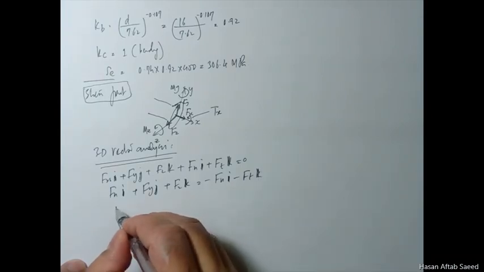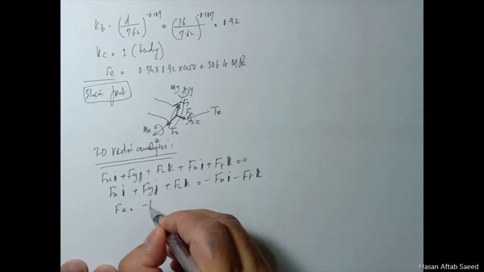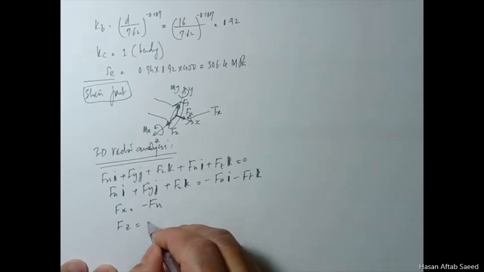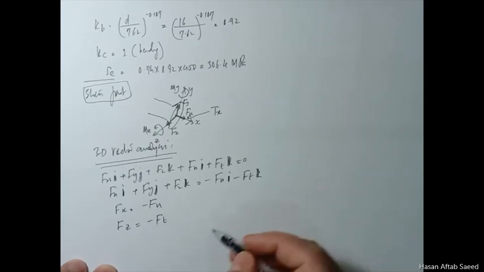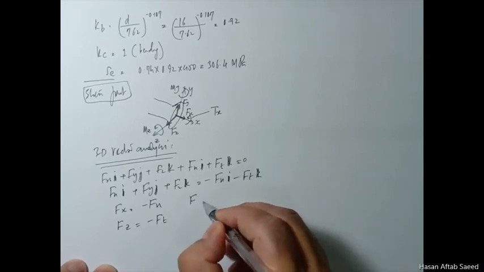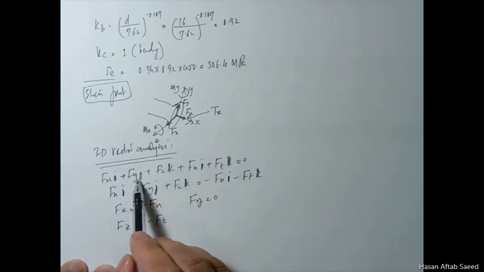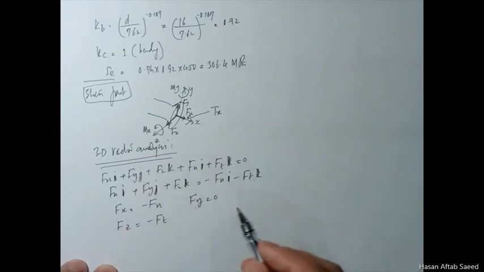In other words, Fx is equal to minus Fn, Fz is equal to minus Ft, and Fy is equal to 0. There is no corresponding j component, so this is 0.